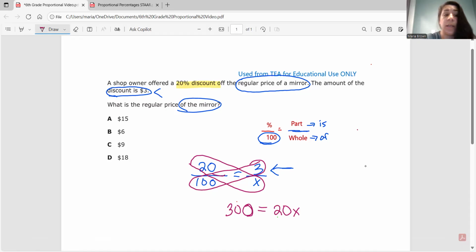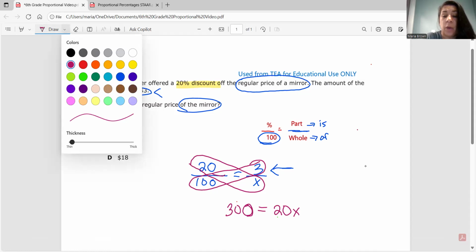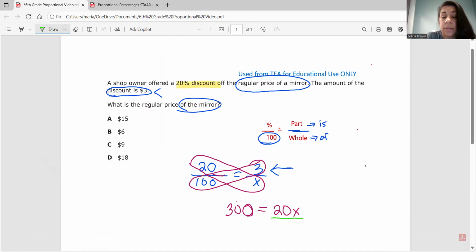In this case, it is going to be divided by 20. So step 3 is, now that we cross multiplied, we are going to isolate x. The way we do that is dividing by 20, getting rid of that and bringing it to the other side. Now we've got 300 divided by 20.